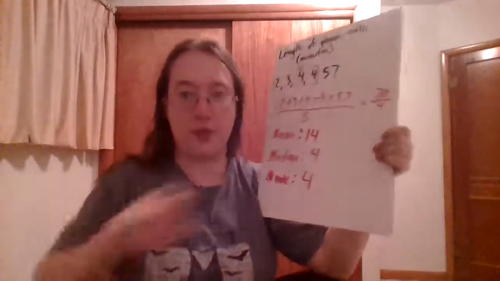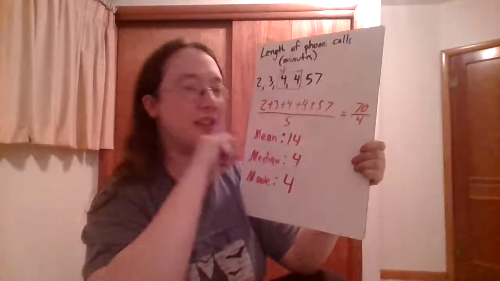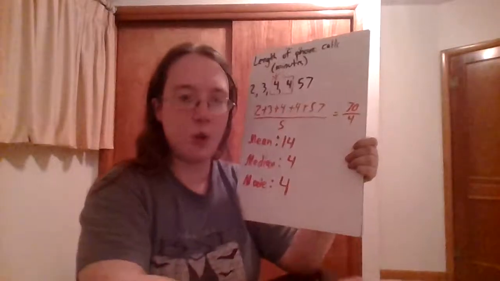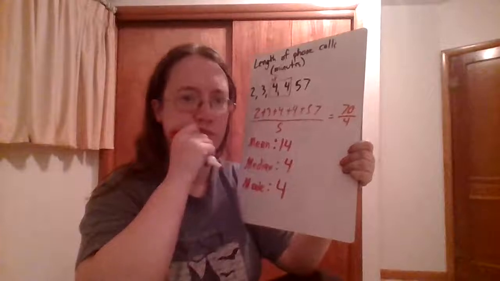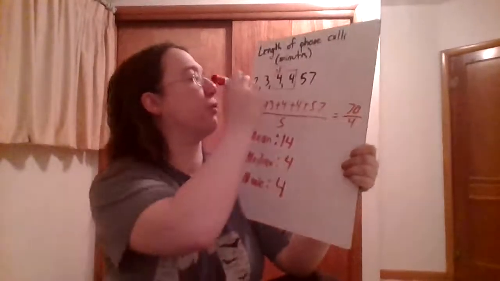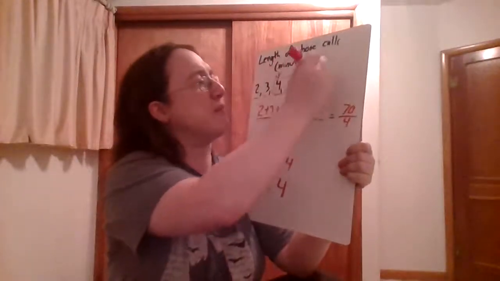So if we were looking at those 3 numbers and we wanted to pick a number that would be a good representation of how long our phone calls are most of the time, which would be a good one to pick? Should we pick 14? Probably not the best thing to pick there because we've got 4 numbers that are on the shorter end, and then we've got one really big one.